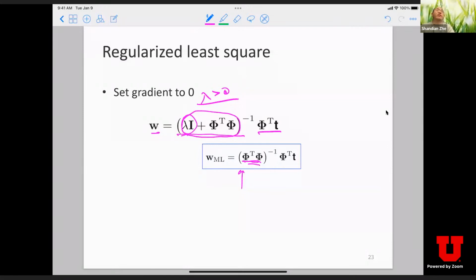Yes, exactly. First of all, lambda I is positive definite. If you add a positive definite matrix to a positive semi-definite matrix, the sum will be positive definite for sure, and its eigenvalues will be at least lambda.